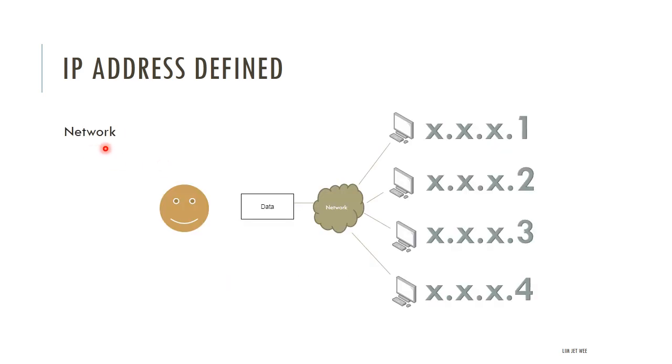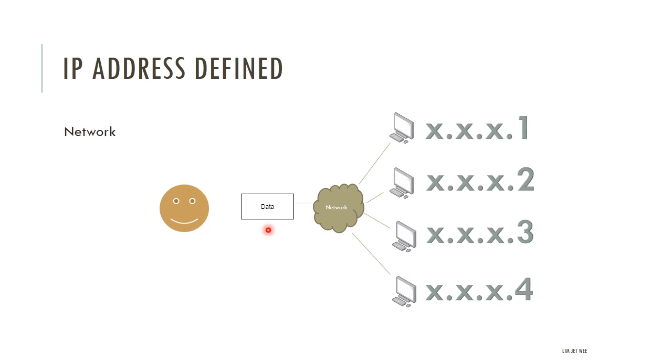In a network, it works in the same way. You want to transfer something, data, could be an email or a file, to another computer through a network. Just like the postal service, the data must know where to go.